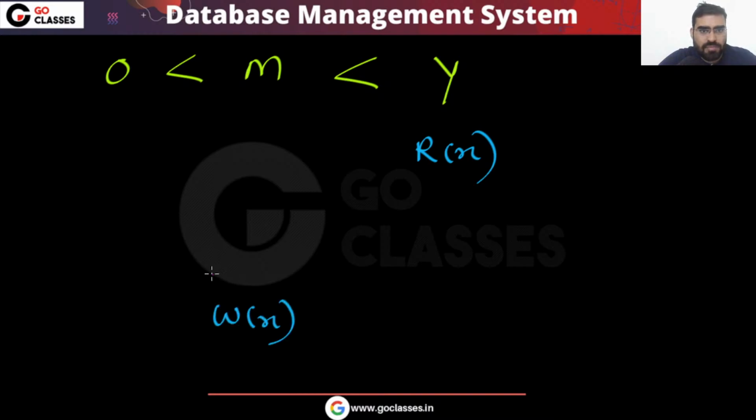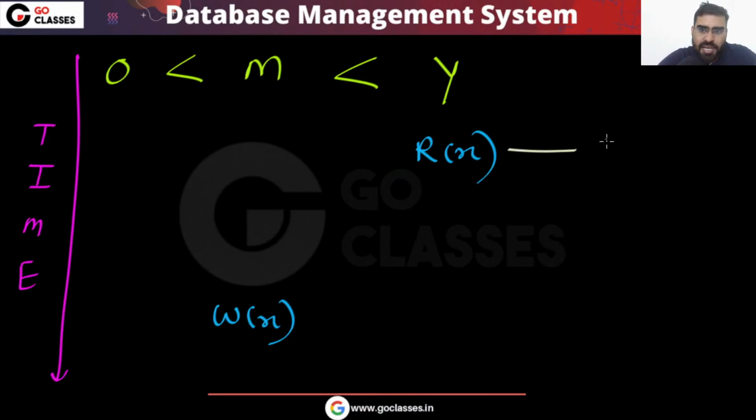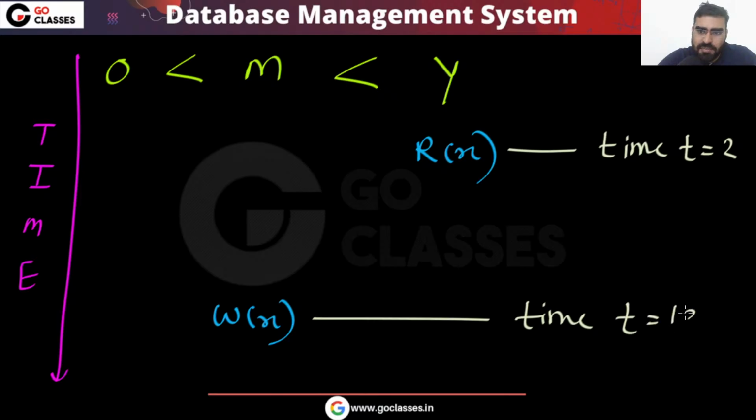Is this allowed? Basically, the actual time is going like this. First this operation is happening, maybe at time t equal to 2, and maybe this operation is happening at time t equal to 13. Is this allowed?